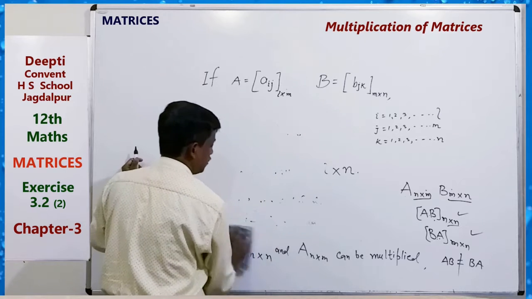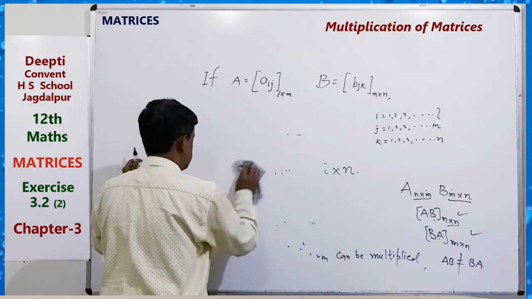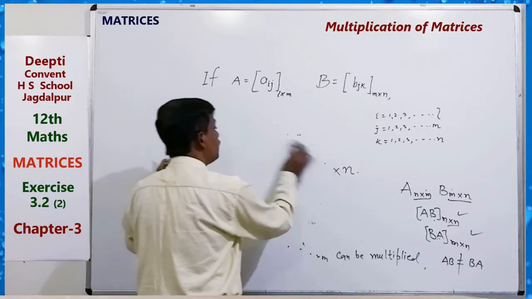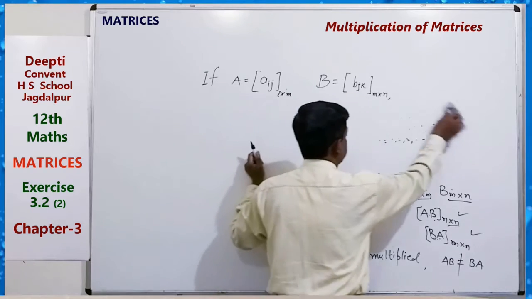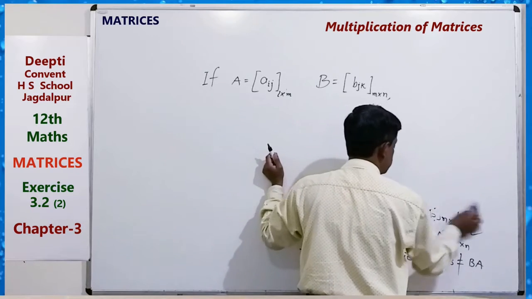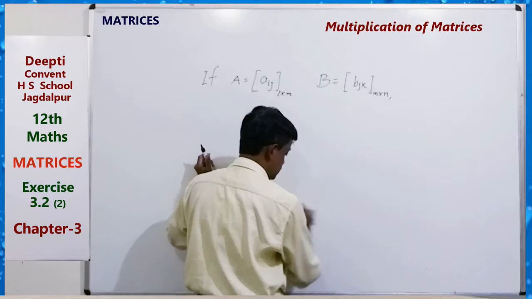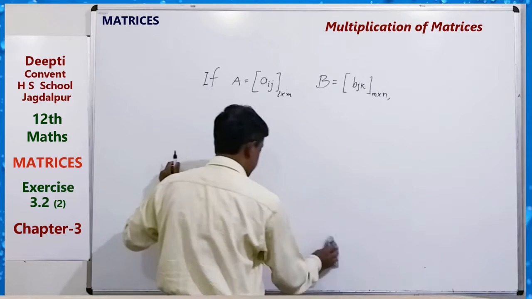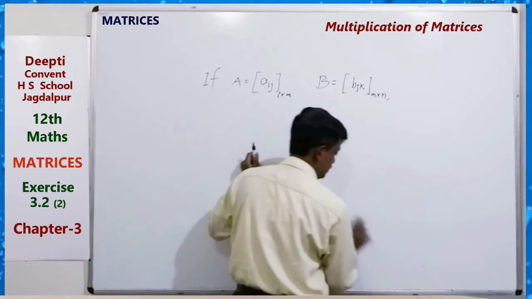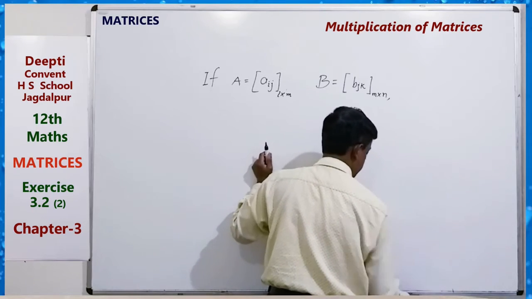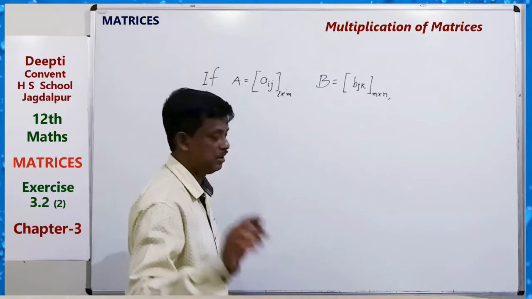Now take particular questions for this. So how can we multiply it? Multiplication can be written just like this. See that we are taking two matrices, for example.